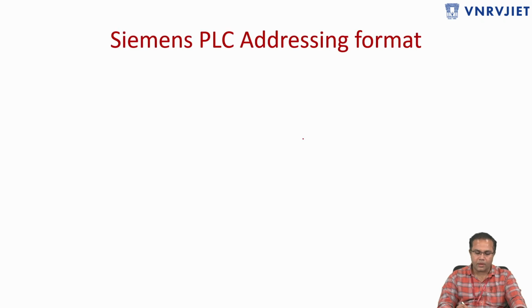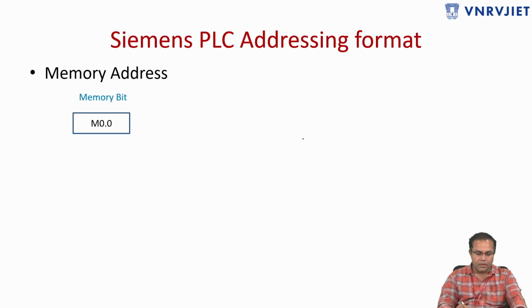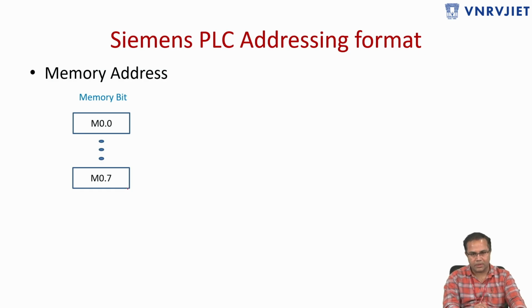Now let's look into this memory concept a bit in detail. As I mentioned, M0.0 is a memory bit, and this follows the octal number system, so it goes up to M0.7. There is no M0.8; after M0.7 comes M1.0.